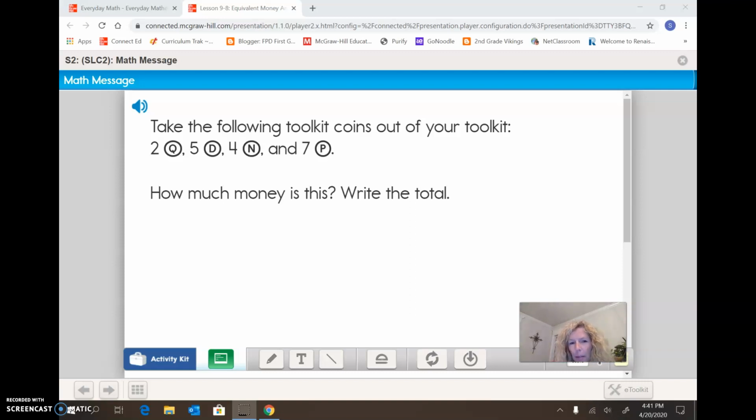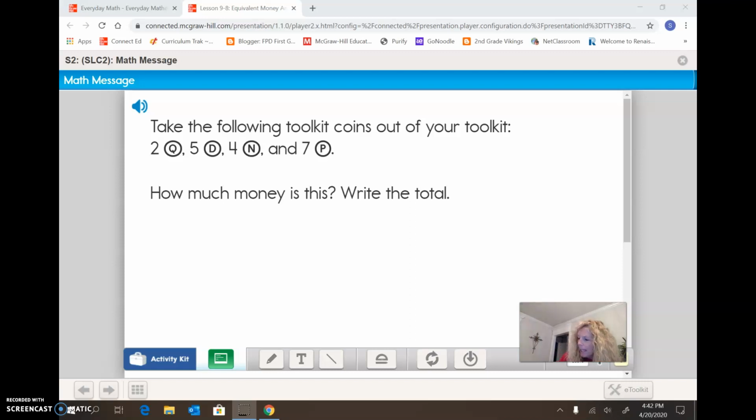If 100 pennies makes $1, 200 pennies makes $2, how many pennies would make $10? I'll give you just a second to think about that. Okay, this is a big number. It's 1,000. 1,000 pennies would make $10.